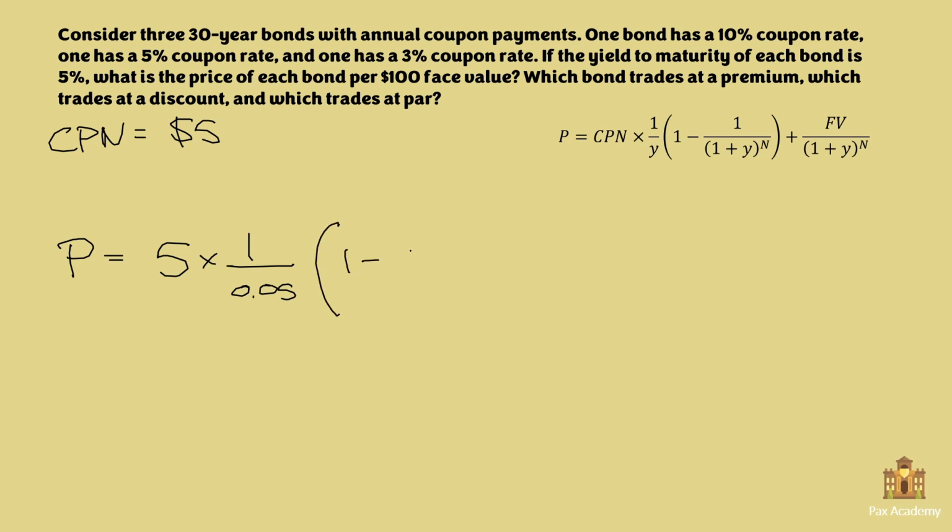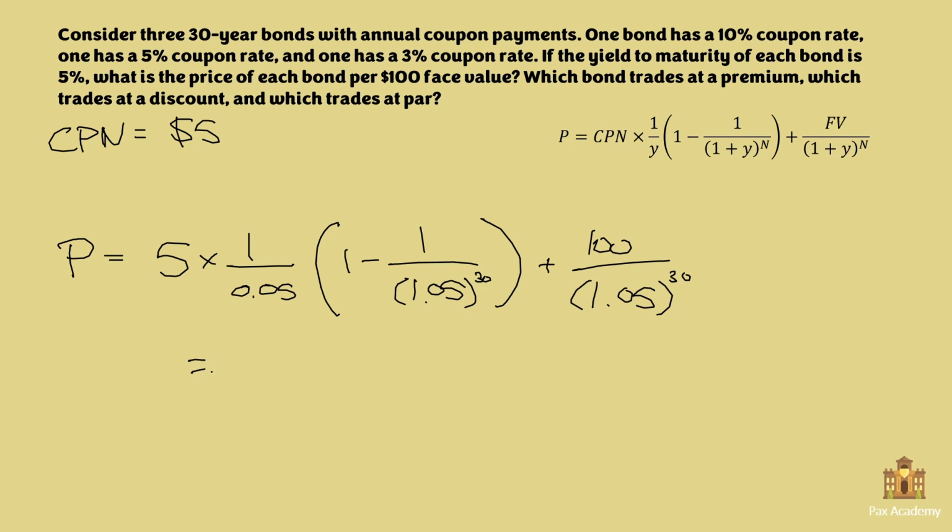Open brackets, 1 minus 1 over 1 plus the yield to maturity to the power of 30, plus the face value, over 1 plus the yield to maturity to the power of 30.